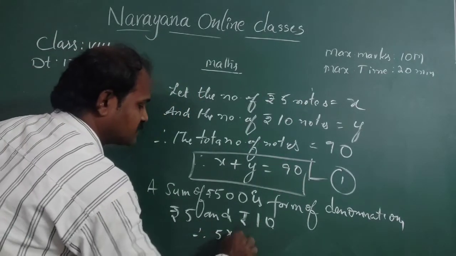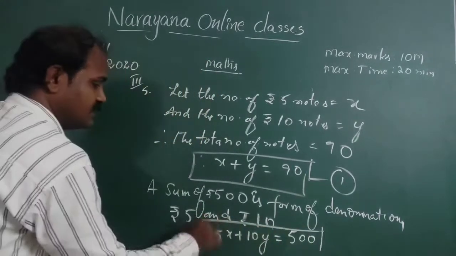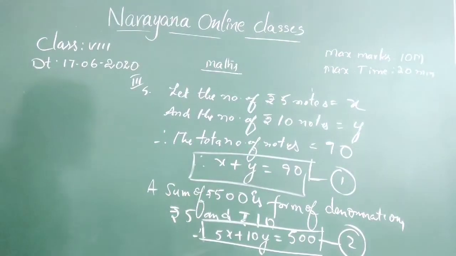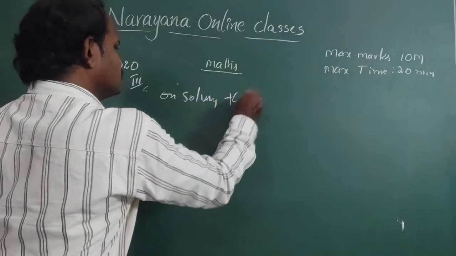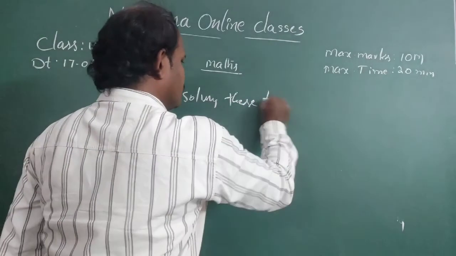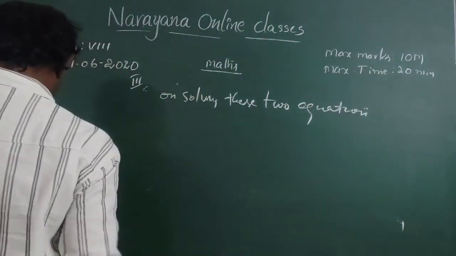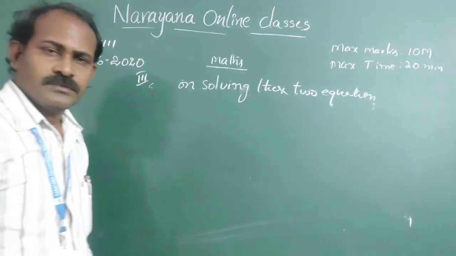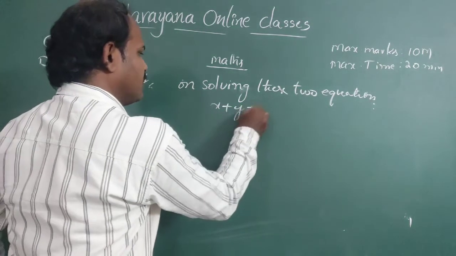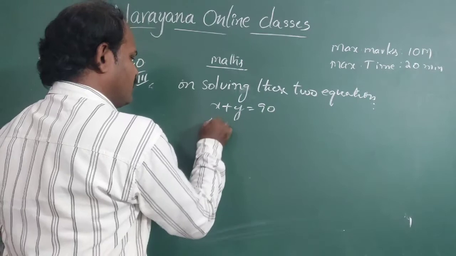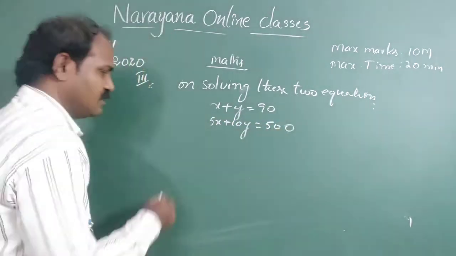Therefore, 5x plus 10y is equal to 500. On solving these two equations: x plus y is equal to 90, 5x plus 10y is equal to 500.